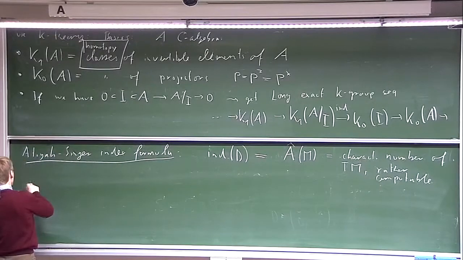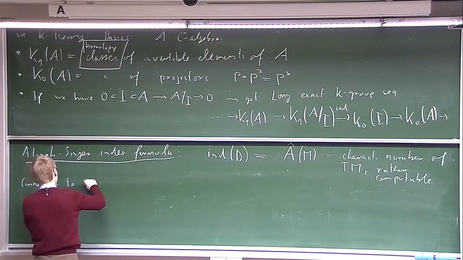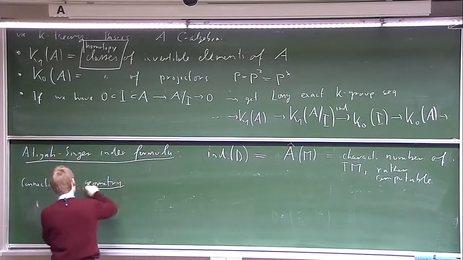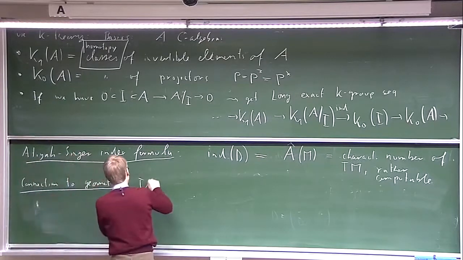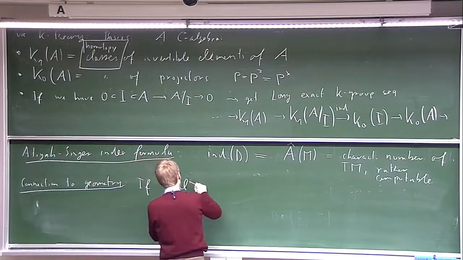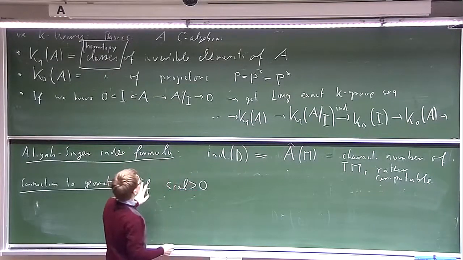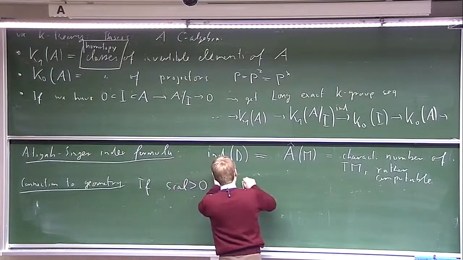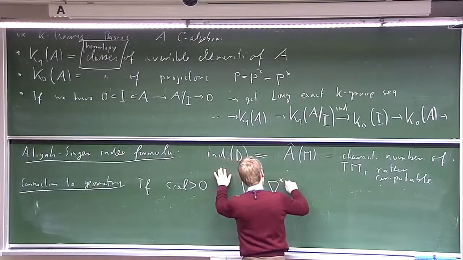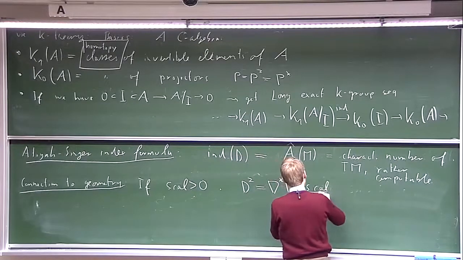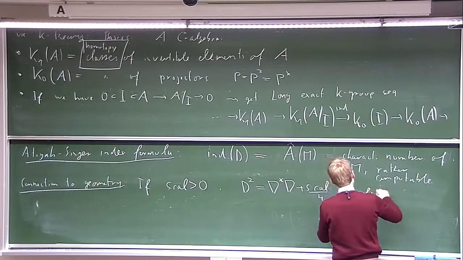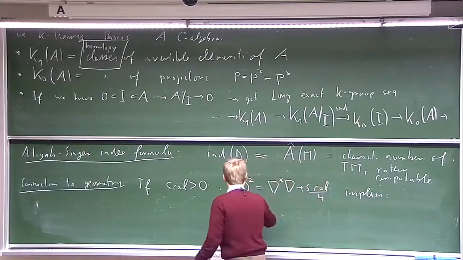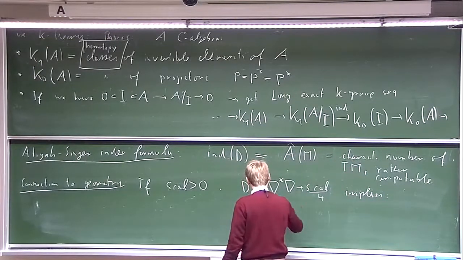Right. And the final thing is the connection to geometry. If the scalar curvature is positive, and you look at the formula which was here, D squared equals nabla star nabla plus scalar curvature over 4, this implies that D squared is a strictly positive operator.